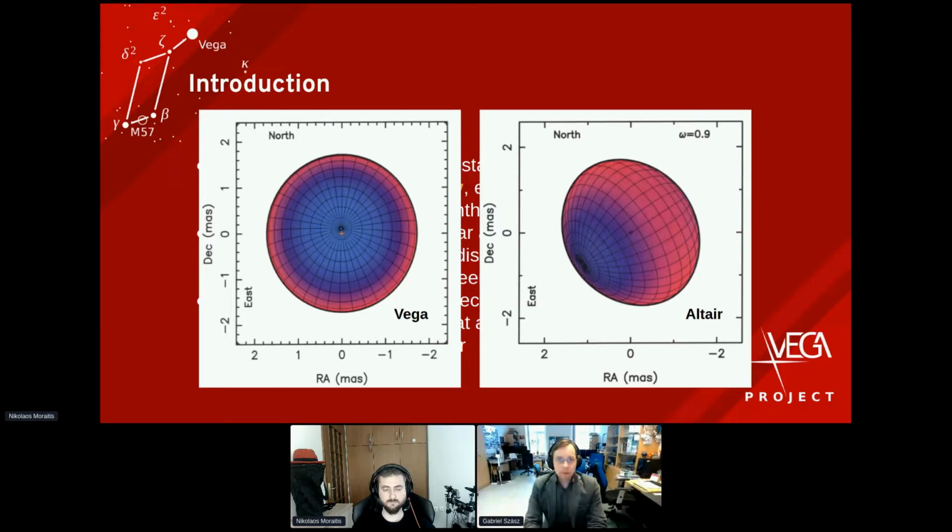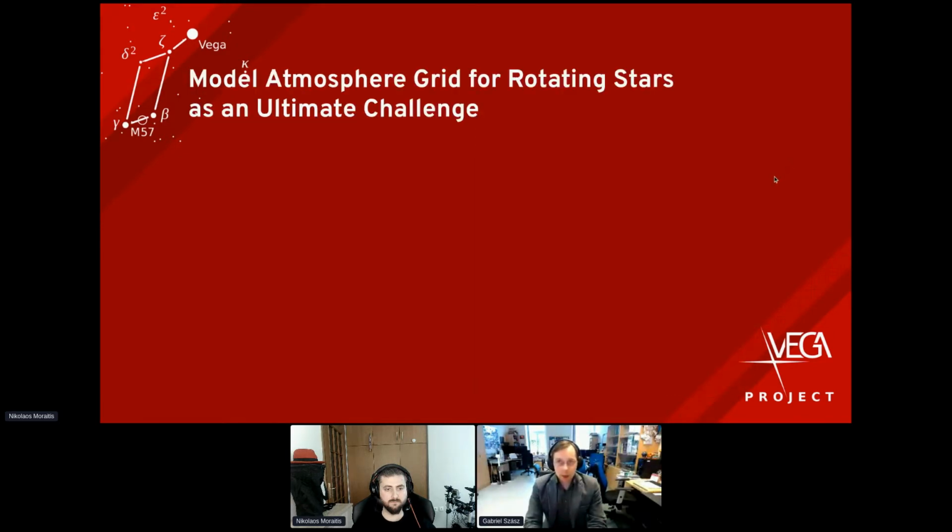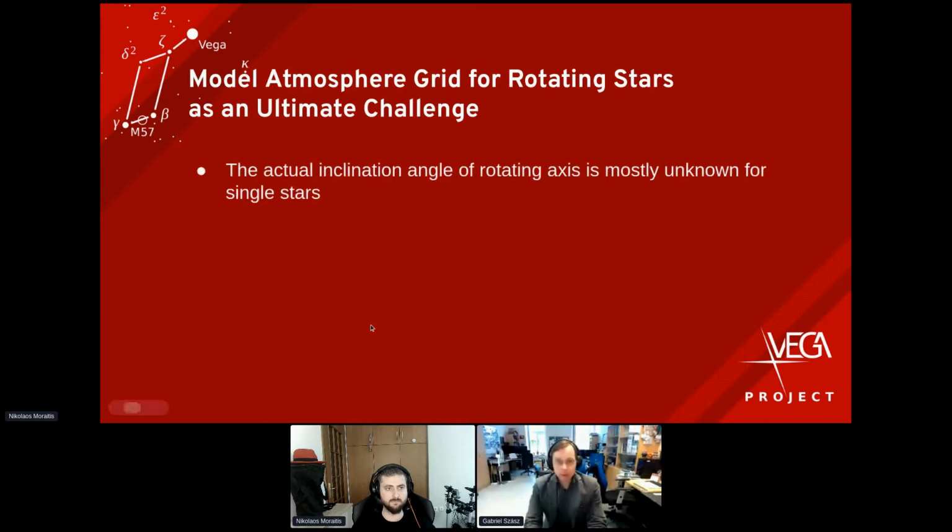So next, you might think that 10 times higher complexity is not that high. The problem is that, as I mentioned already, the actual inclination angle is not known for most single stars. So to cover the parameter space, we need to also cover the parameter space in inclination angle and also in various equatorial velocities of the star as it rotates, because the gradient you saw on the images before depends on the equatorial velocity.